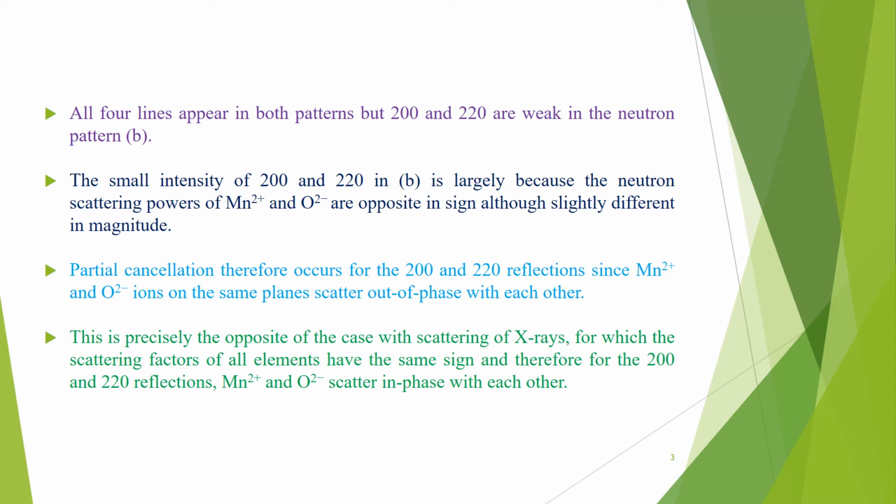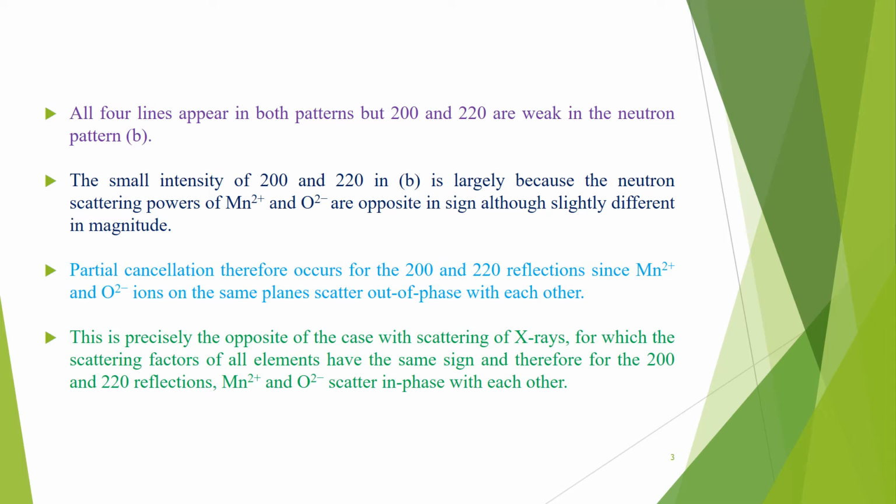These are the peaks that come out in the graph. So the first four peaks represent these planes: 111, 200, 220, and 311. These are the Miller indices of the planes.